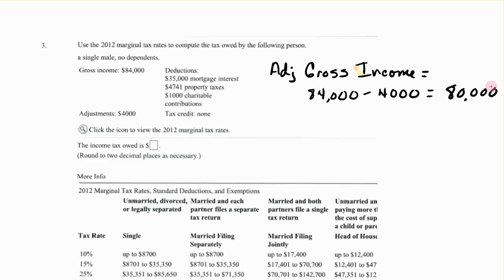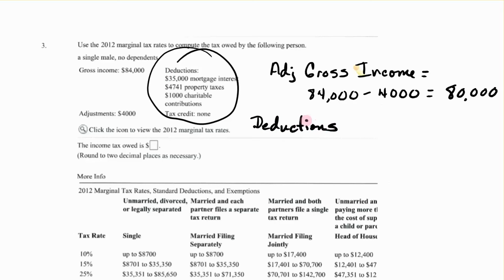Let's take a look. He has $35,000 in mortgage interest, so it is very important that he go ahead and itemize. So, deductions. He's going to itemize.